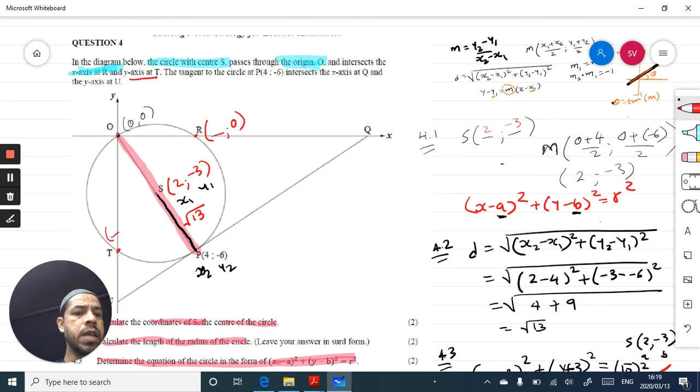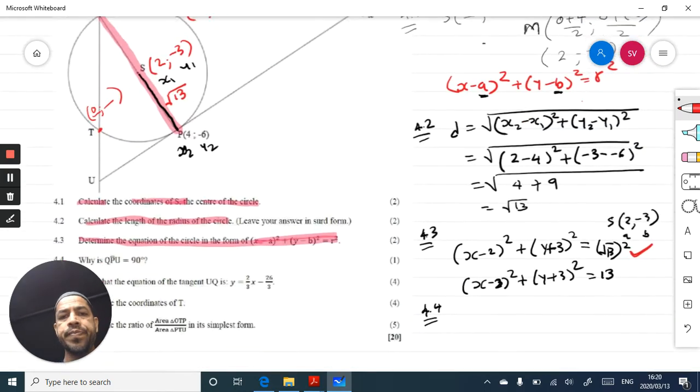It will have the x value 0 and y value will be something. Later on, we will be able to use that 0 for R as a substitute of y, and 0 for T as a substitute of x in one of the equations. Mostly it's the equation of the circle.